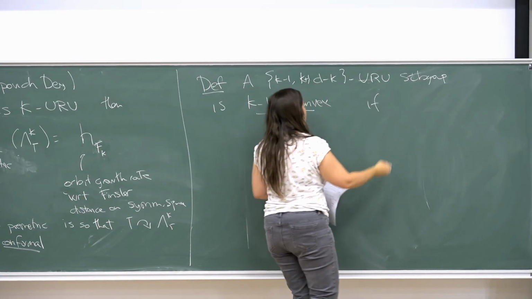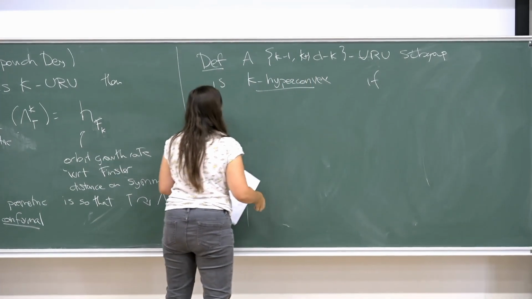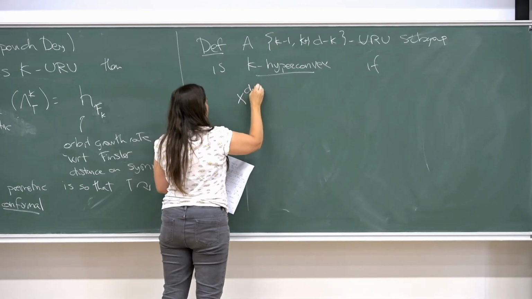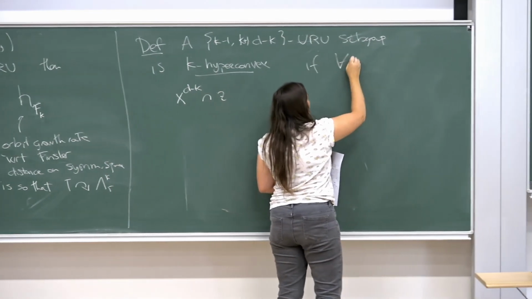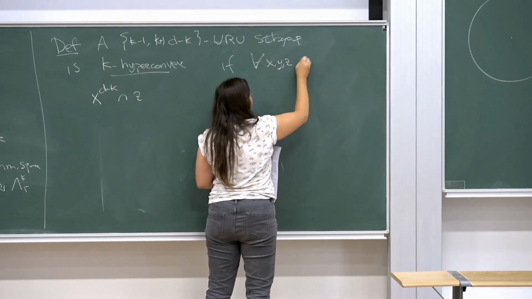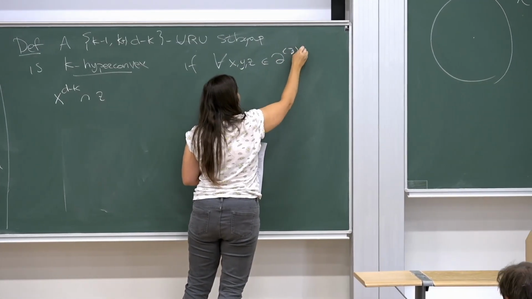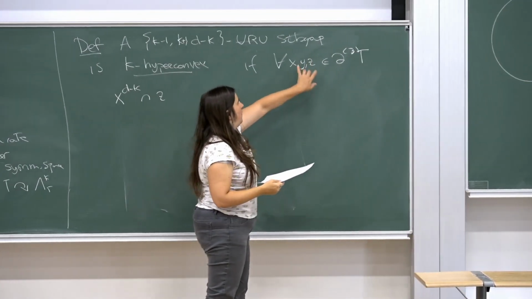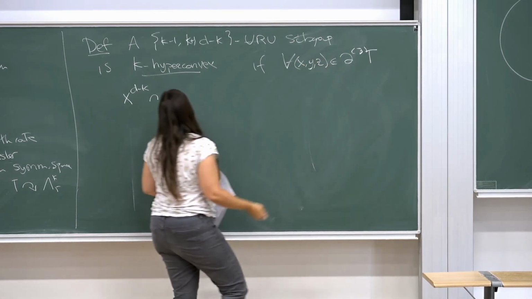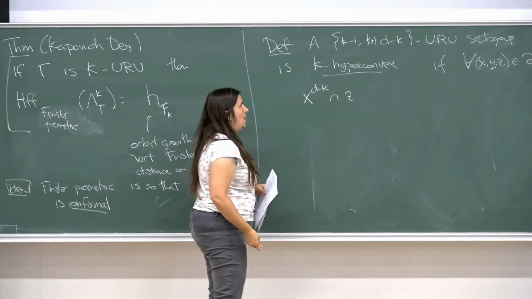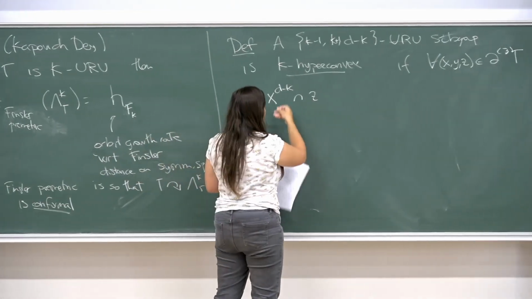If I have some algebraic inequality, so if x^{d-k} intersected with this, for all x, y, z in the boundary of gamma, so for any triple of distinct points in the boundary of gamma, I have some linear combination of subspaces being transverse, meaning I can write it down.